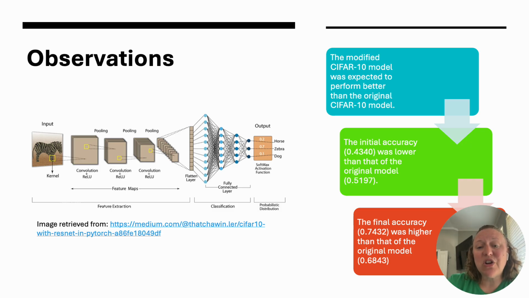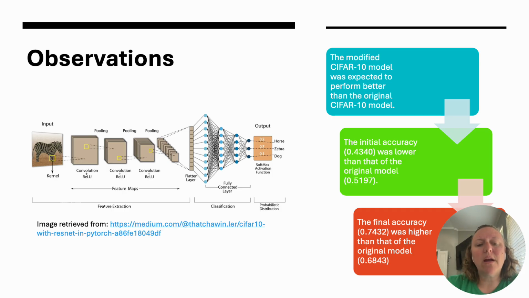While the second model started at 43.40% accuracy, which was actually lower than the original model's 51.97%, we might think that this is concerning, but actually it's pretty expected.